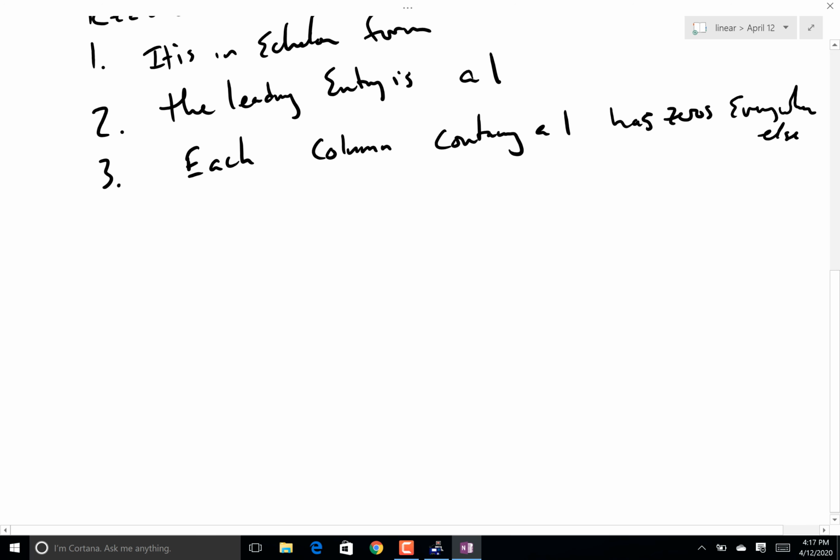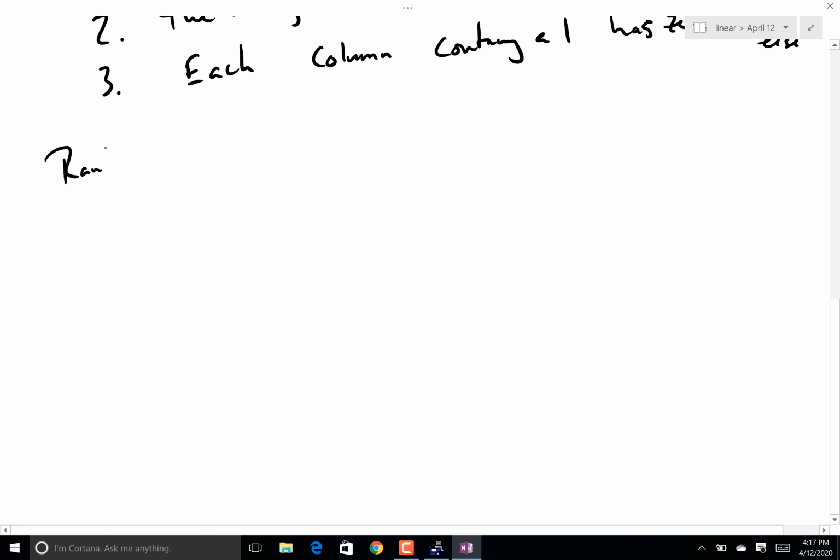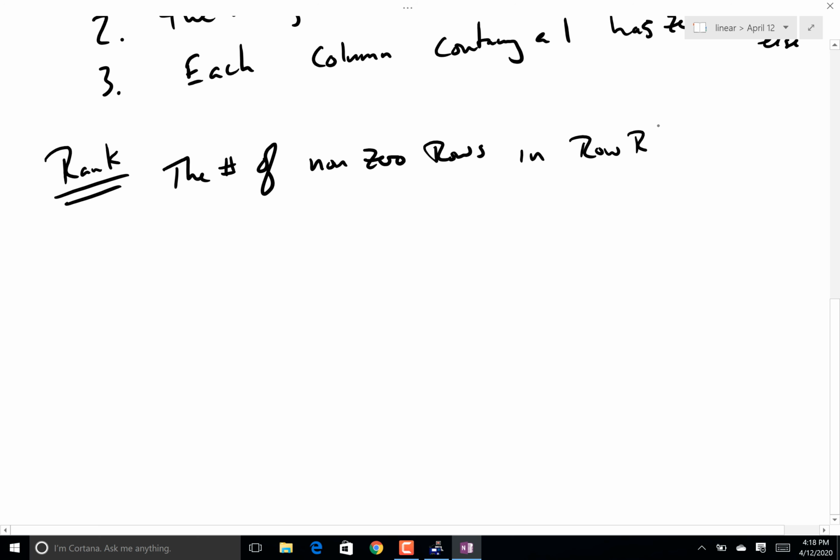So another term we're gonna mention here briefly, and it's a big deal, we'll spend a ton of time on rank later on, is the number of non-zero rows when you are in row echelon form or reduced row echelon form. Okay, this is a huge, major deal.